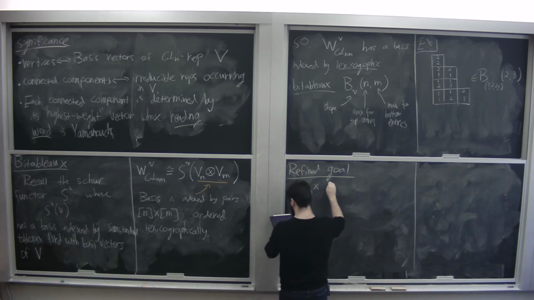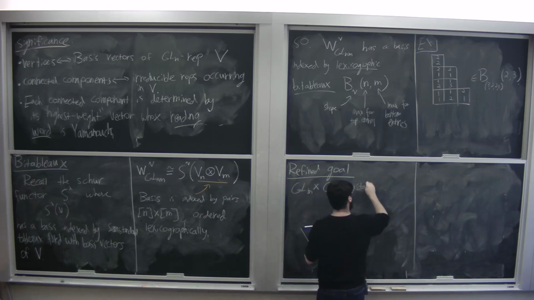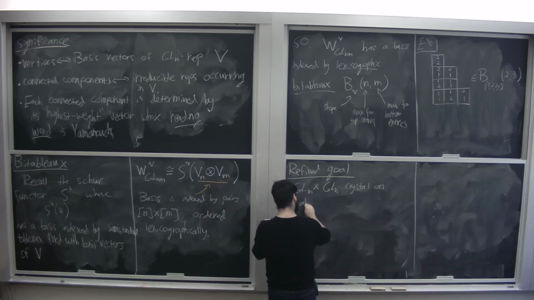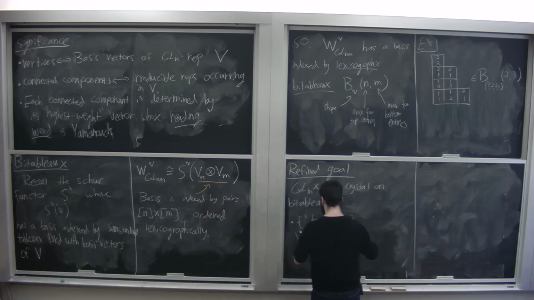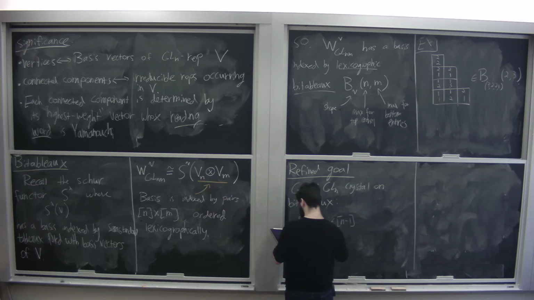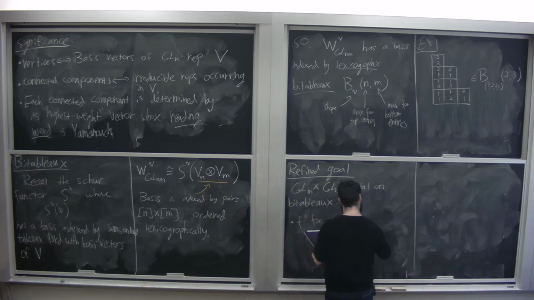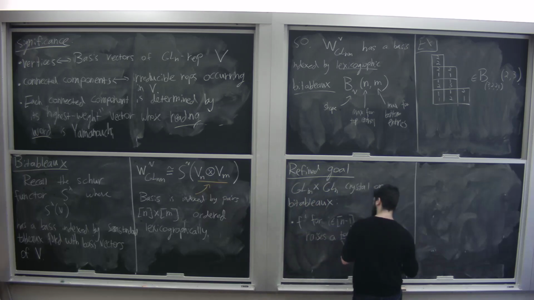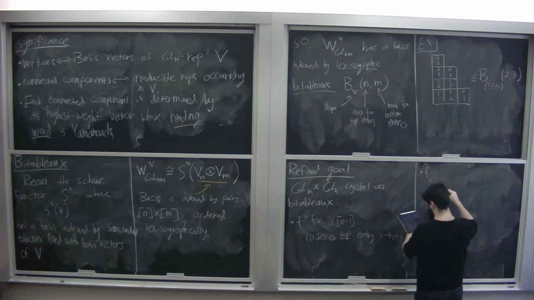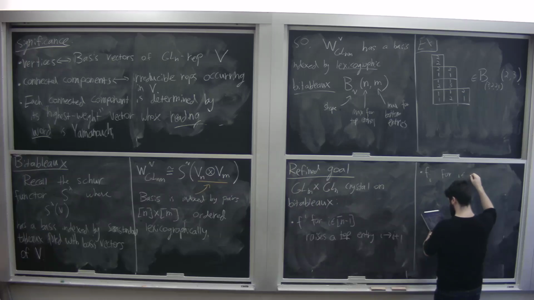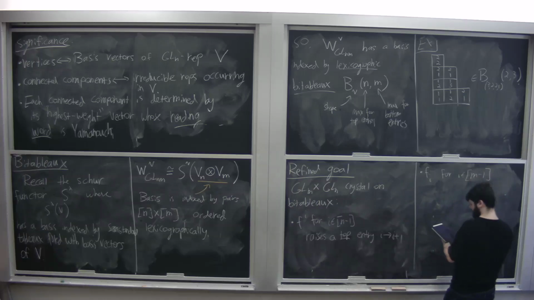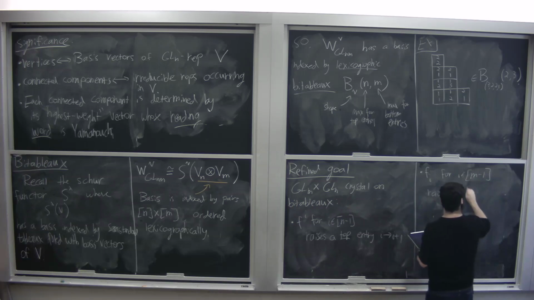We want a GLM cross GLN crystal structure on bitableau, where we have F_i for i in 1 to n minus 1, which raises a top entry i to i plus 1, and F_i for i in 1 to m minus 1, which raises a bottom entry i to i plus 1.